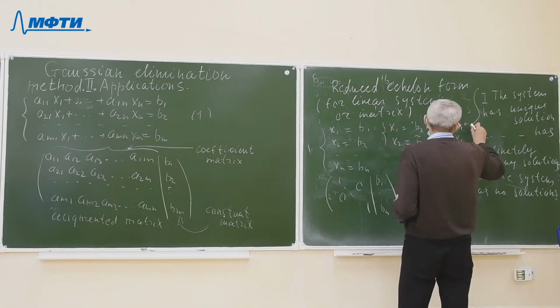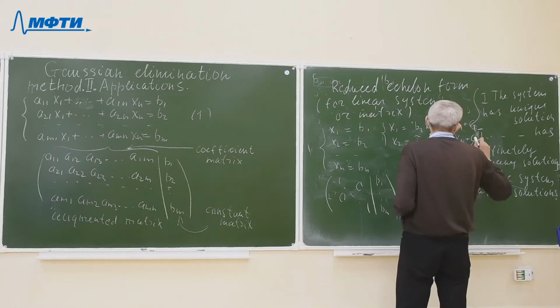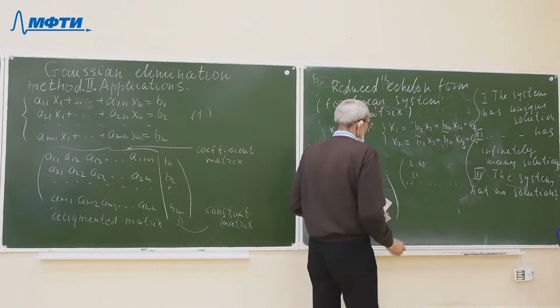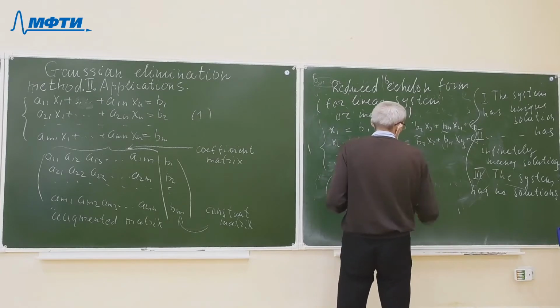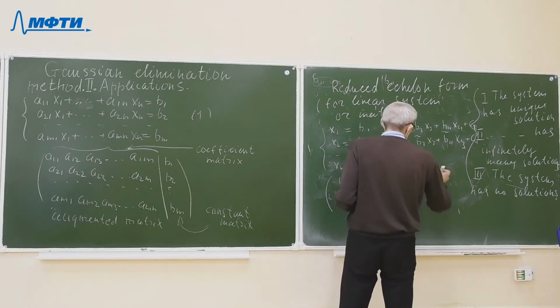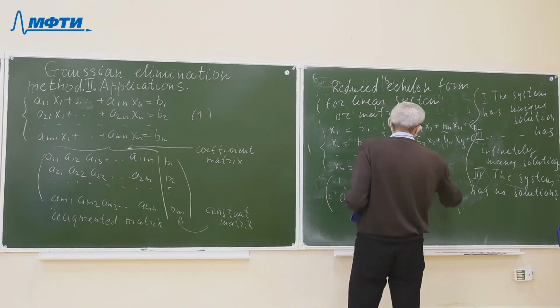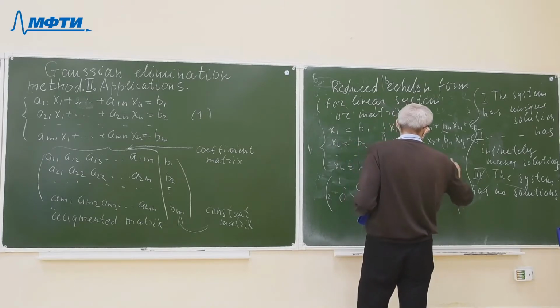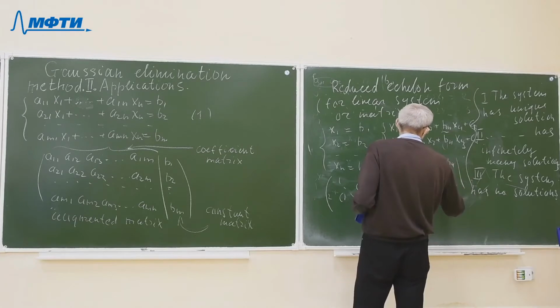The matrix has the following form: for example, C1, C2, minus b3, minus b4, minus b prime.